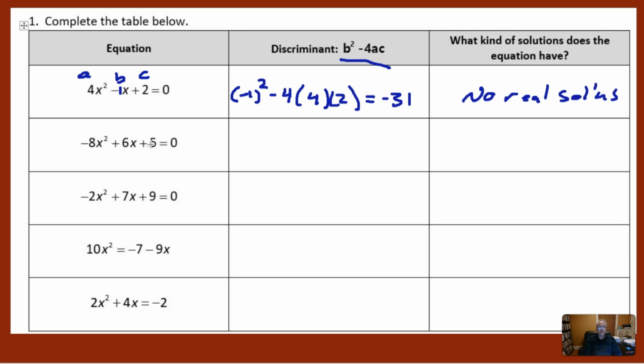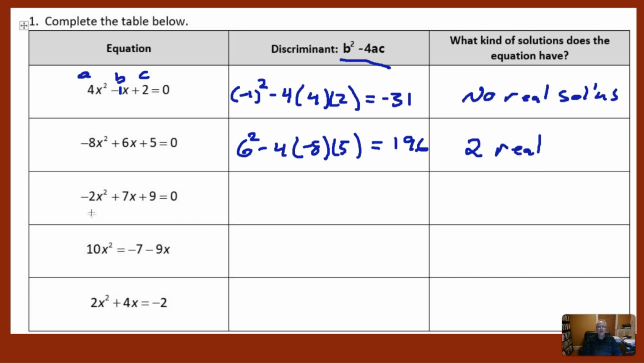Okay, let's try this one. So b squared would be 6 squared minus 4 times a times c. And this time we're going to get positive 196. Okay, the discriminant is greater than 0, so there are going to be two real solutions.